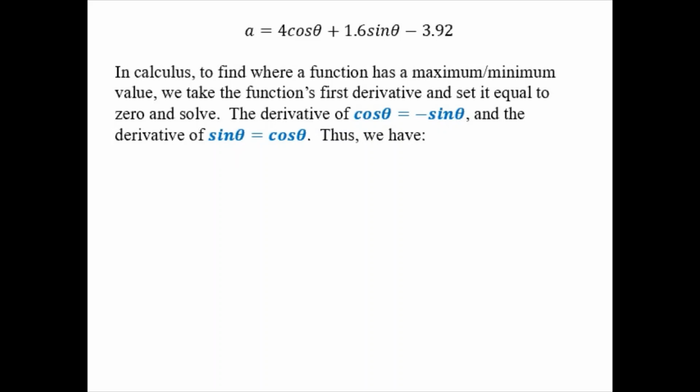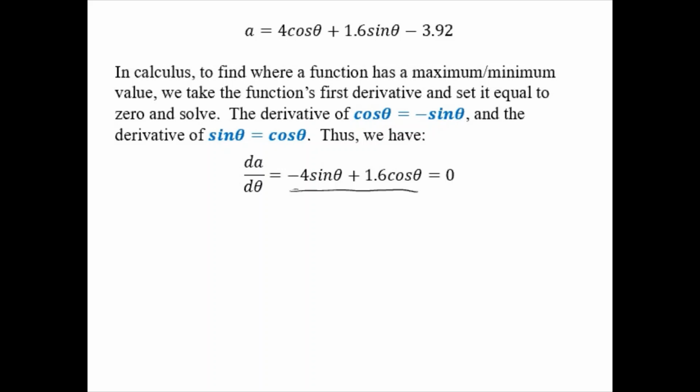So when we take the derivative of a with respect to theta, dA d theta, we get minus 4 sine theta plus 1.6 cosine theta. And of course, this last term has no theta, so it's like theta to the 0 power, and that whole constant term just drops out. So that is our first derivative with respect to theta for the function a.